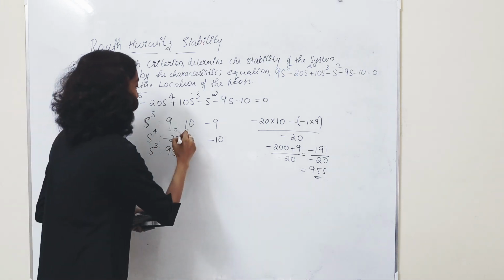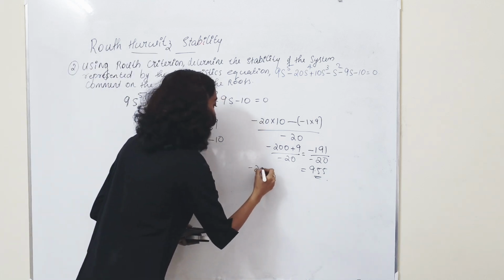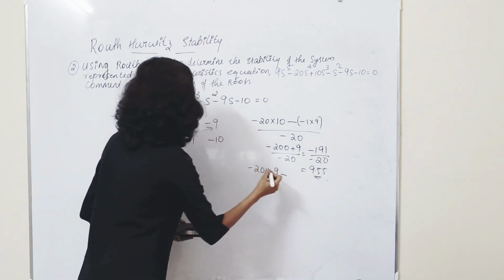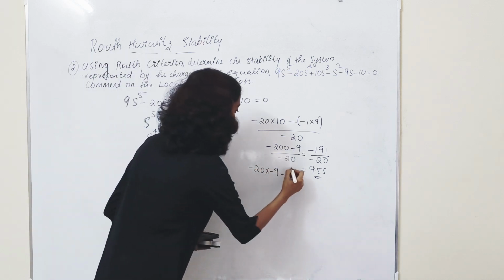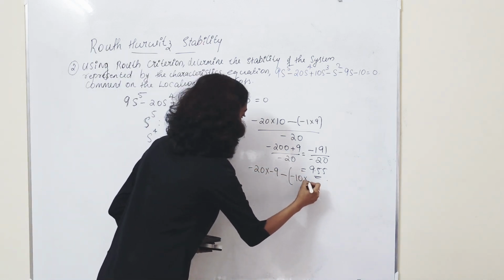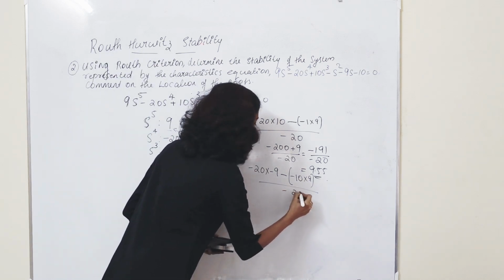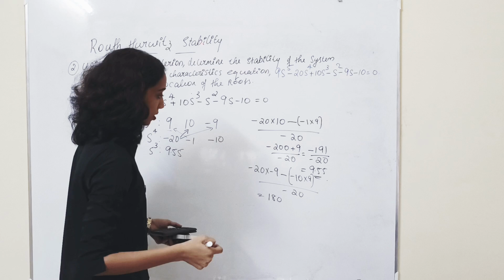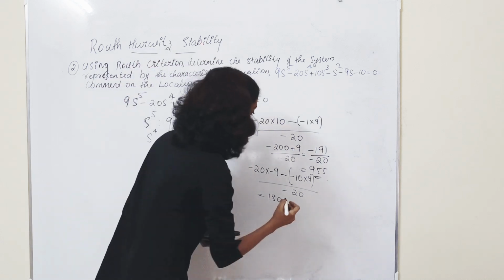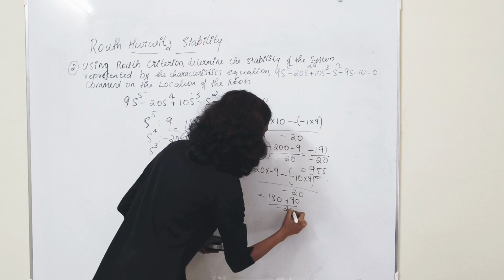Then we have to do 20 into minus 9 minus 10 into 9 divided by again minus 20. It's 20 into 9 minus 20 into minus 9 is 180 plus 90 divided by minus 20.